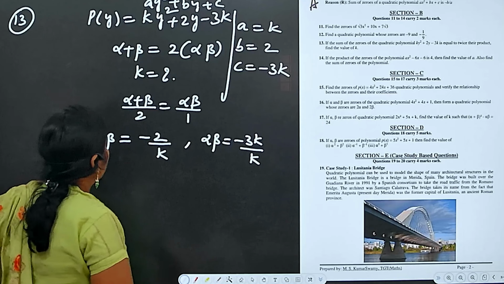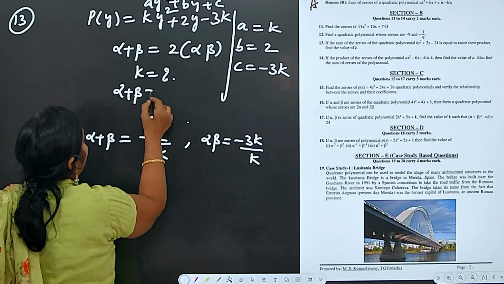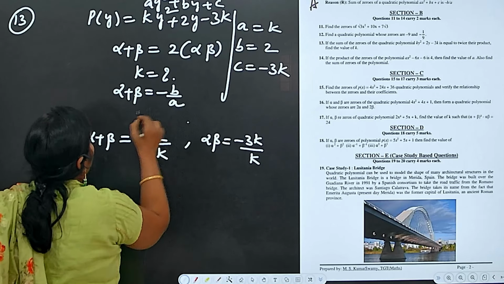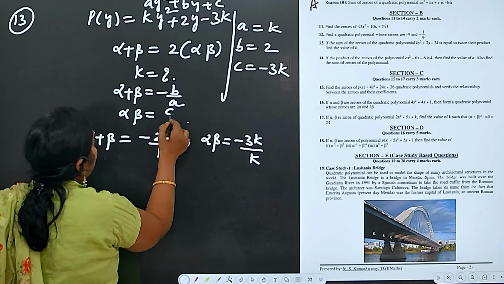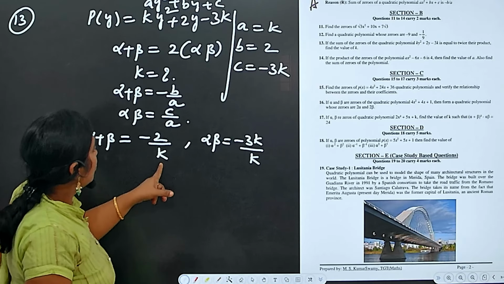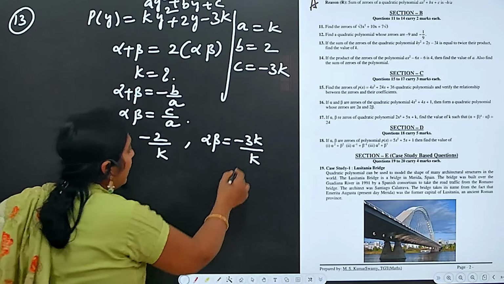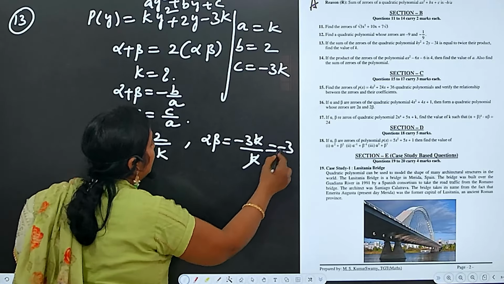Sum of the zeros alpha plus beta equal to minus b by a, alpha beta equal to c by a. Minus b means minus 2 by k, alpha beta is minus 3k by k, it is equal to minus 3.